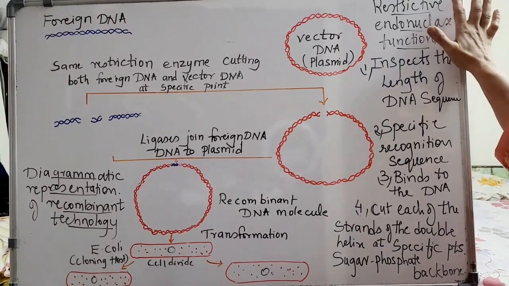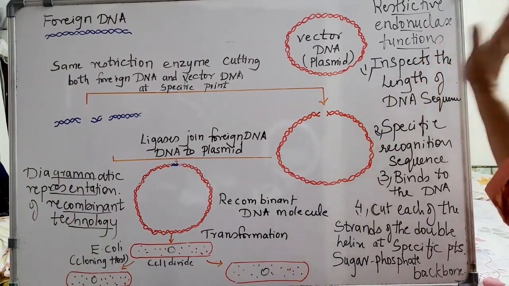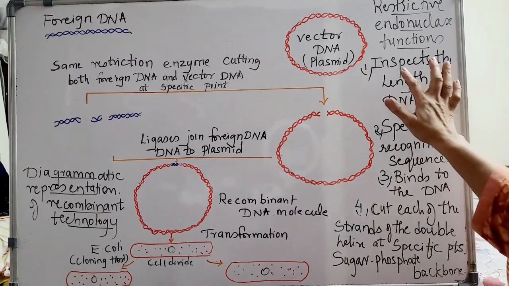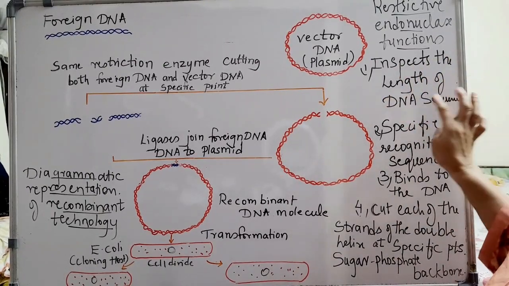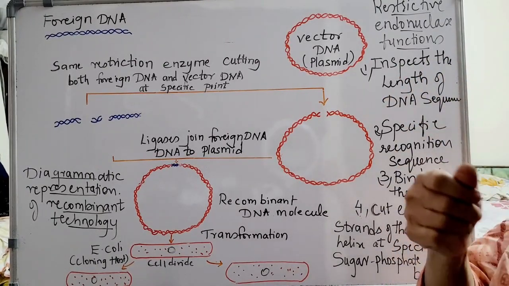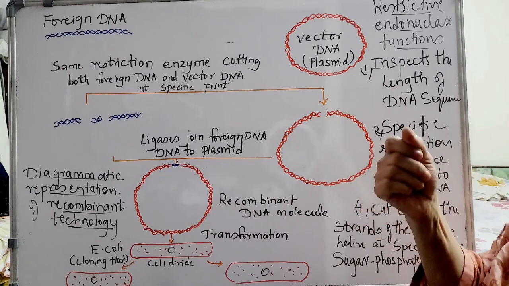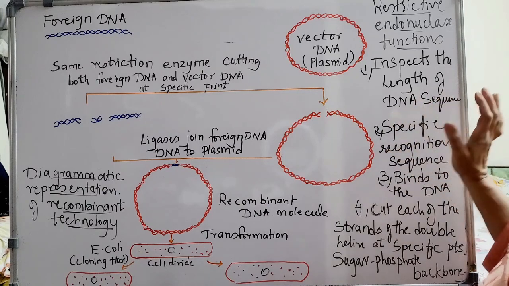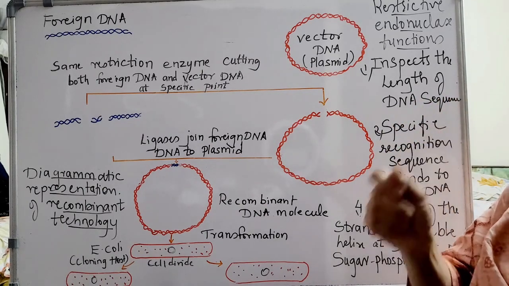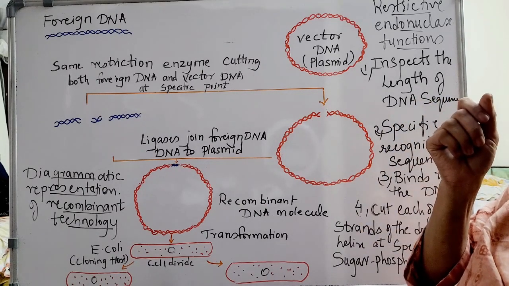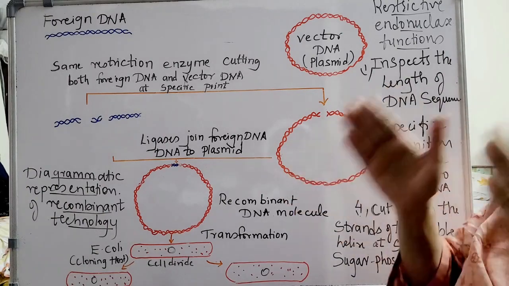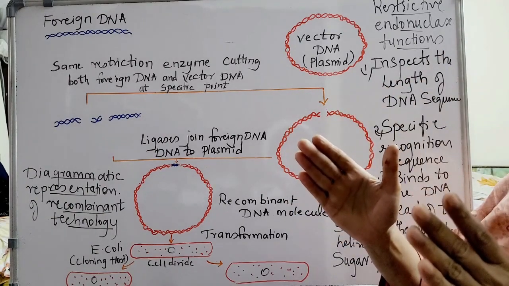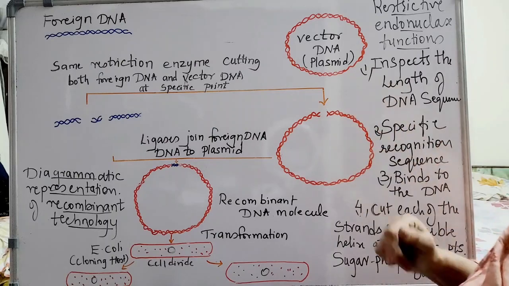Now how does the restrictive endonuclease function? First, it inspects the length of the DNA sequence, to see how long the sequence is. It recognizes the specific sequence, whether they have to cut at this recognition site, at that particular point.